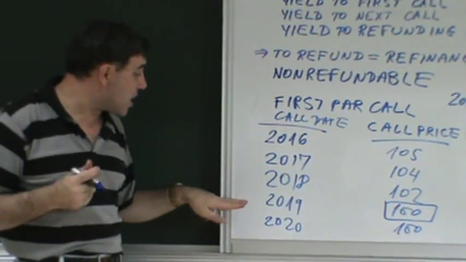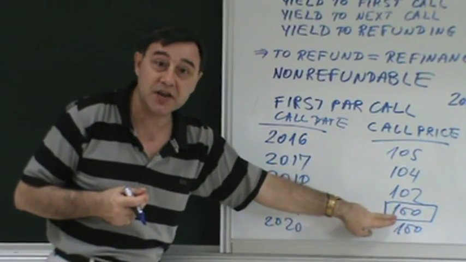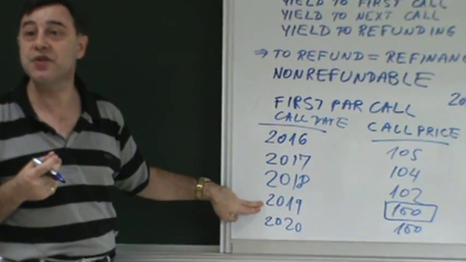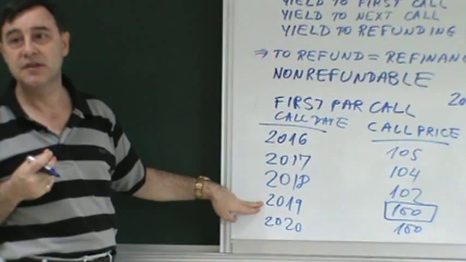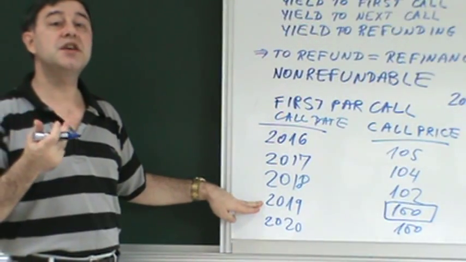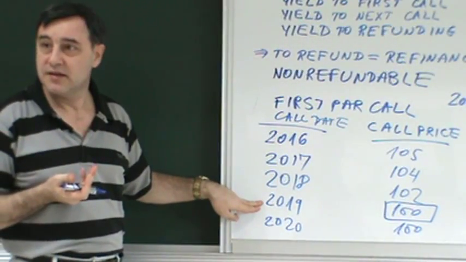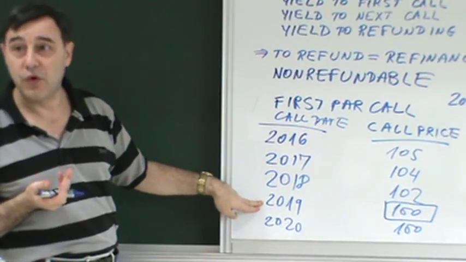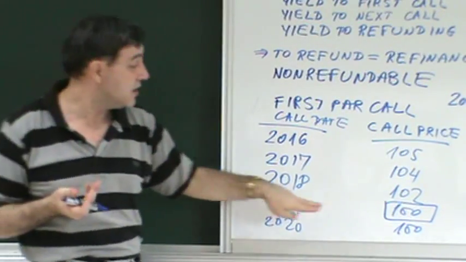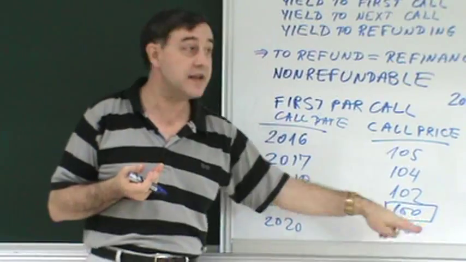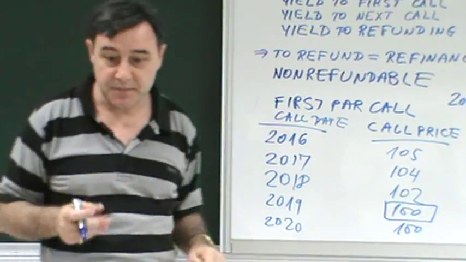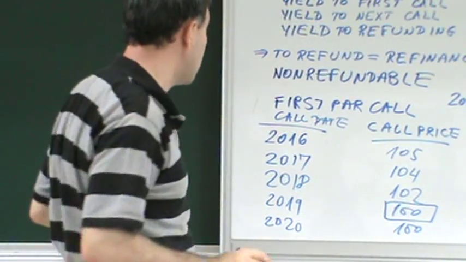If they call it at first par, the first par comes at 2019. You will calculate the yield for 2019 using par. And that's called first par call.